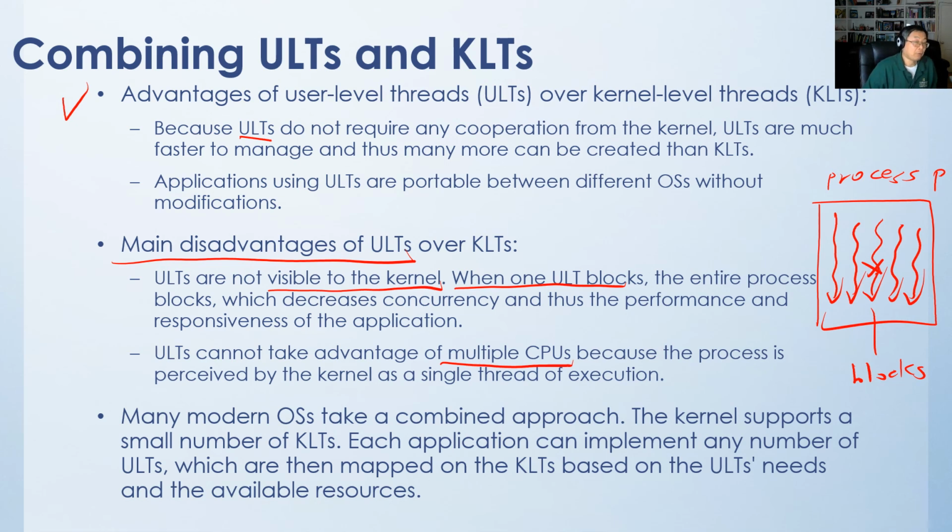Say I have two threads in this process, so can I run thread 1 in CPU 1 and thread 2 in CPU 2? No, you cannot, because the process is perceived by the kernel as a single thread of execution.